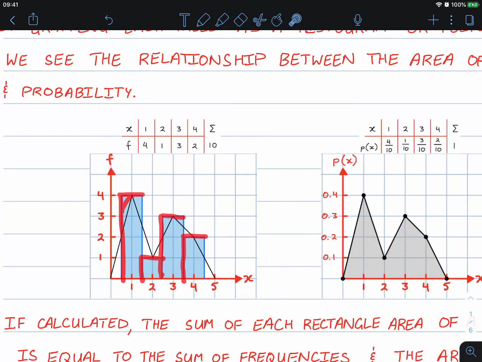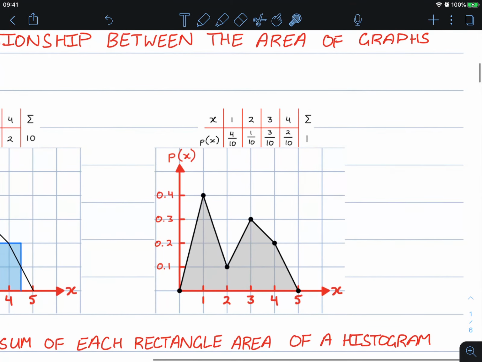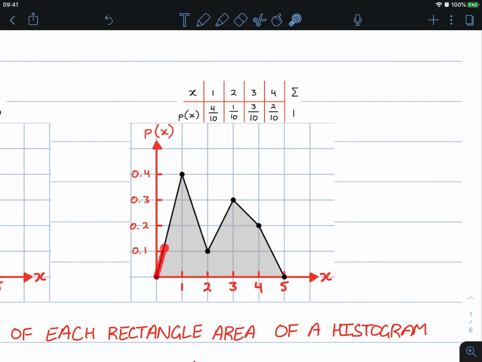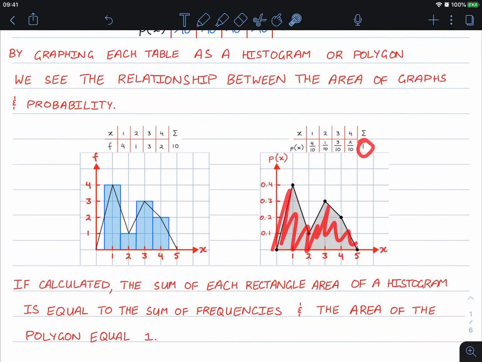If we were to calculate those areas, it'd be a total of 4 plus 1 plus 3 plus 2, which is a sum of 10. Same goes for this one. The area from here to there is going to be 0.4 plus 0.1 plus 0.3 plus 0.2. The total area of this is going to be a total area of 1.